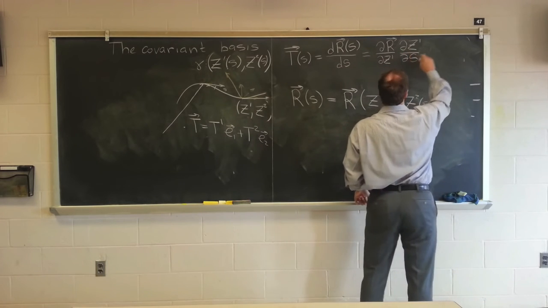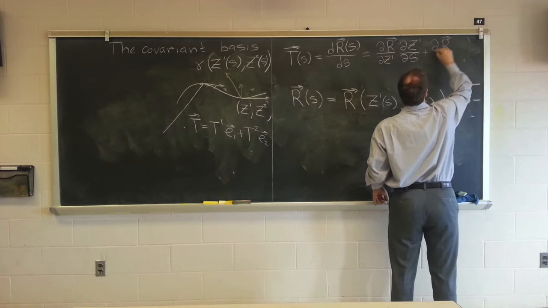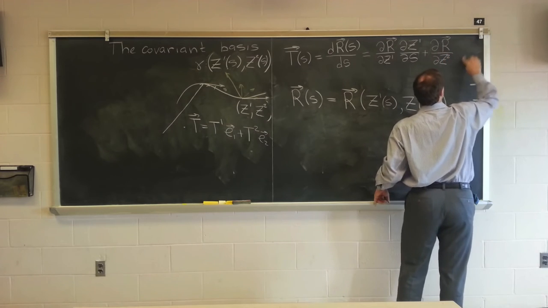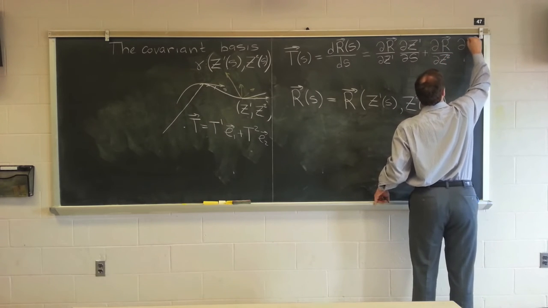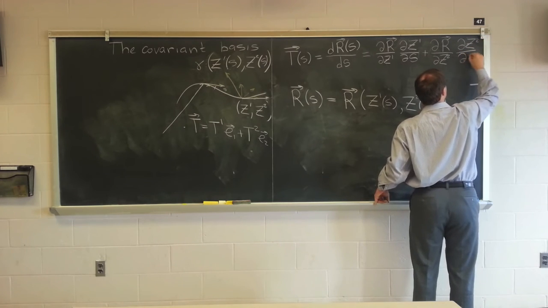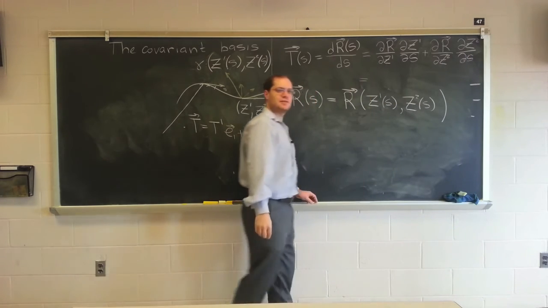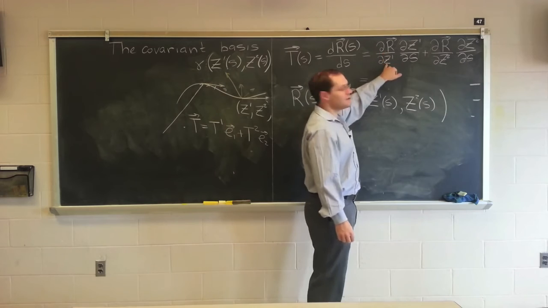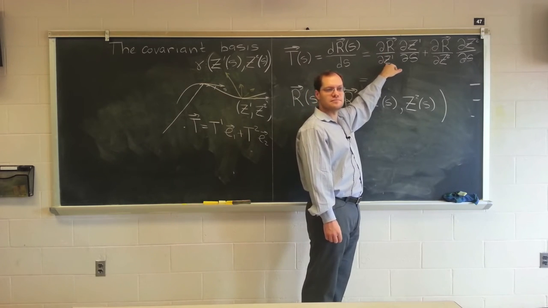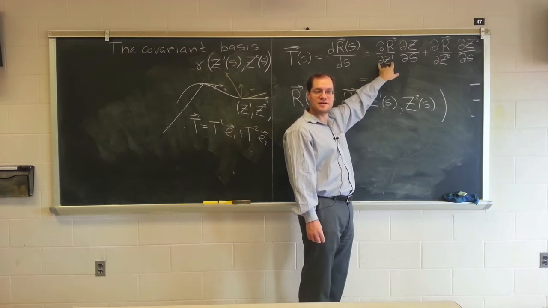dR/dZ1 dZ1/ds plus dR/dZ2 dZ2/ds. Same comment about dZ2/ds. Continuing, actually we're almost done. What's dR/dZ1? E sub 1. You see? Covariant basis.